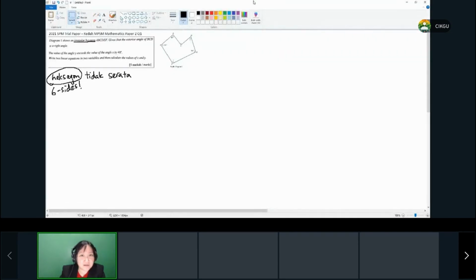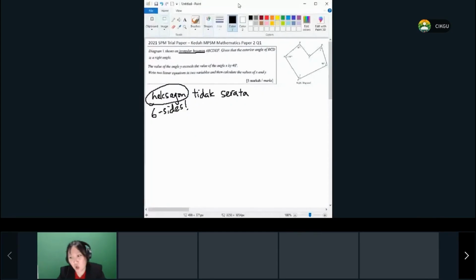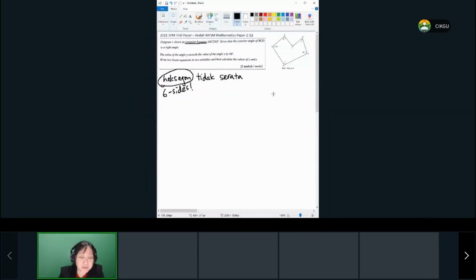Go and revise yourself, or Google. For the SPM syllabus, you just need to know the names until 10 sides. 3 sides is called triangle, 4 sides is called quadrilateral, all the way until 10 sides. Anyway, hexagon is 6 sides. Now, what do they say? Given that the exterior angle of BCD, where is BCD?